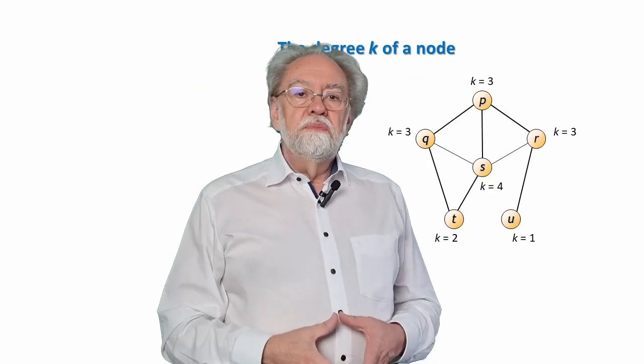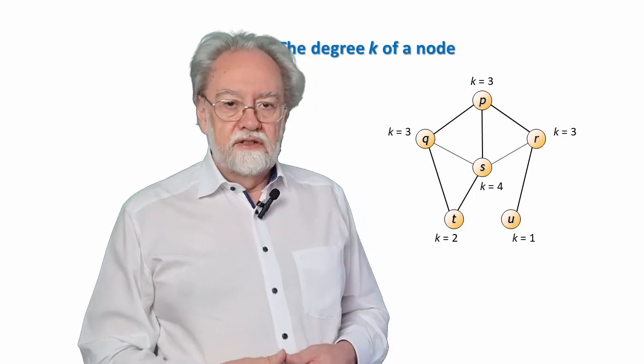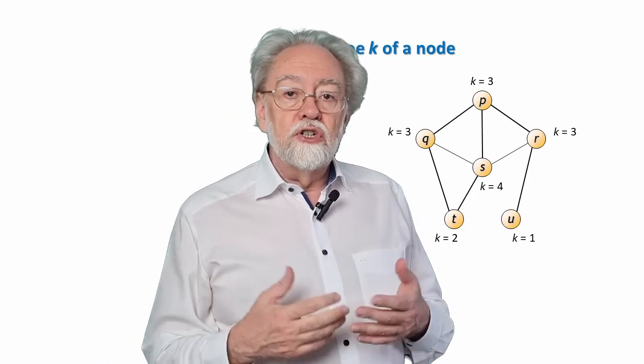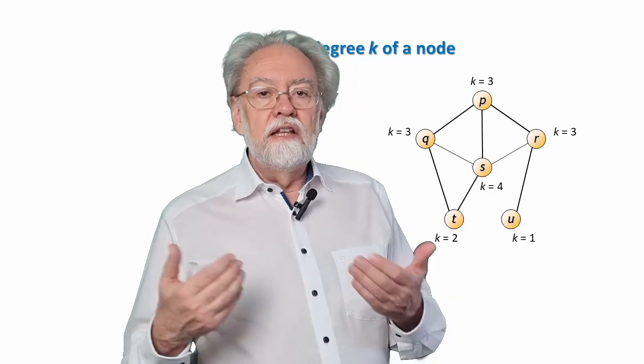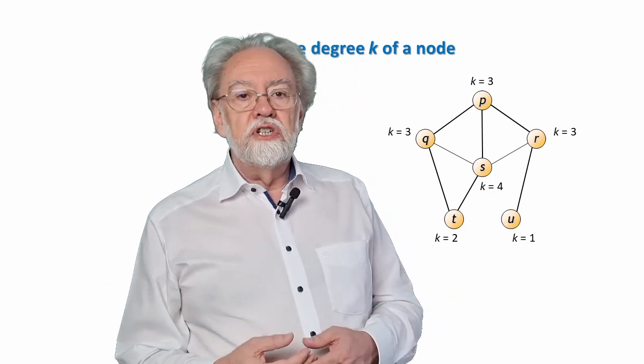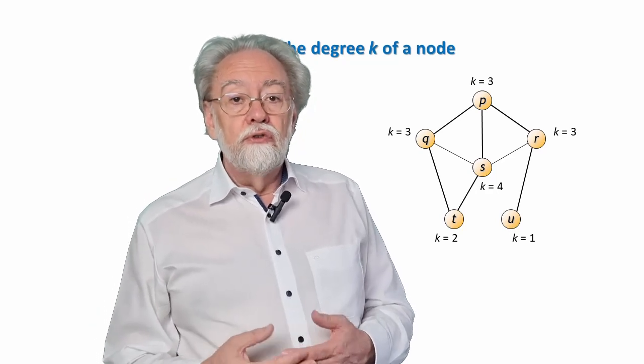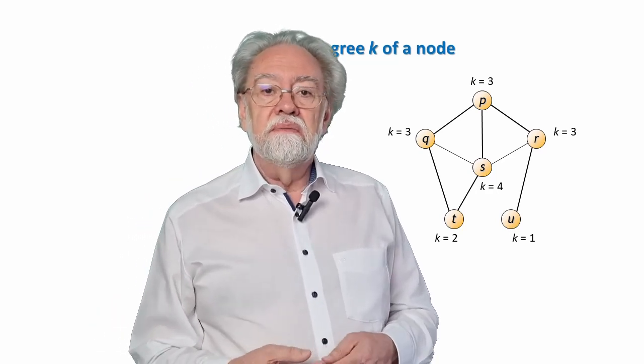Just to mention at this point, if we have a directed graph, we differentiate between incoming and outgoing edges and correspondingly between in degree and the out degree of a node, which you can separately infer from the columns or the rows of the adjacency matrix respectively.